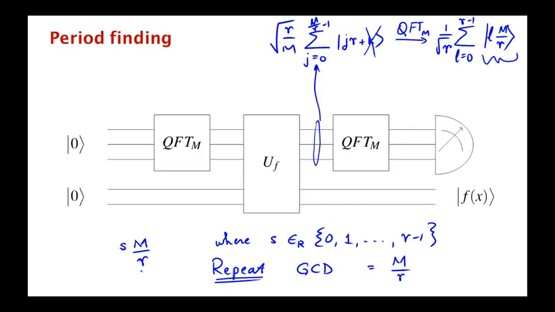And so this shows you that if you take these samples and you take the GCD, it's very likely that the GCD is going to be m over r. But once you know m over r, of course, you can compute r because you know m. Okay, so that's period finding, and that's our basic primitive that we're going to use next time to factor.